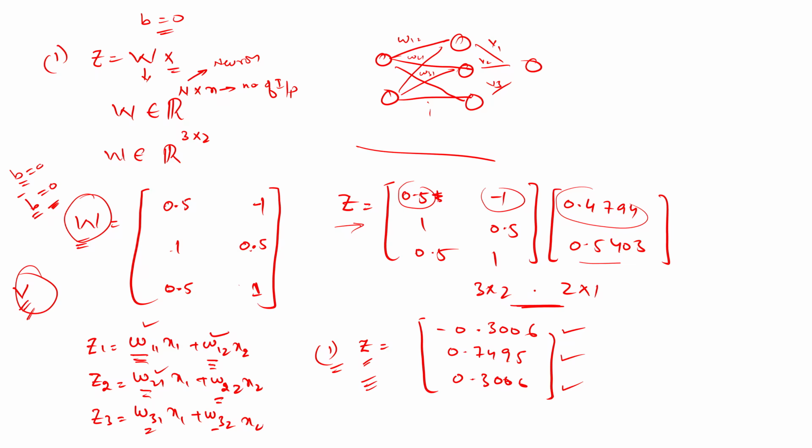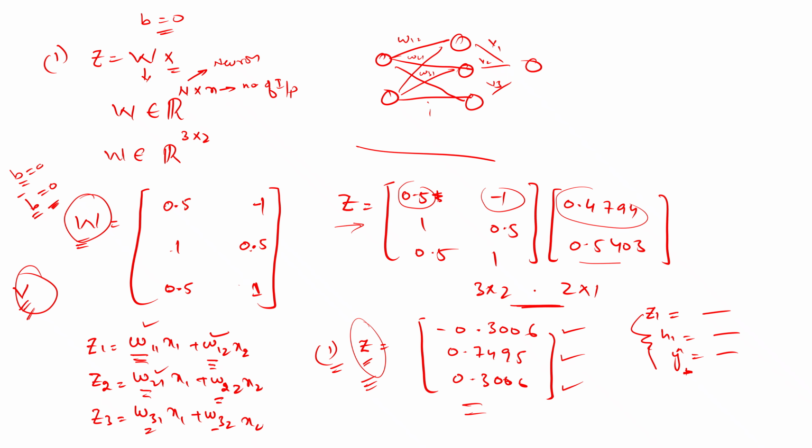For the scalar case, we were doing this separately. First we used to calculate z1, then h1, then y hat. So it took a lot more time than this. Here, in just one step, z is equal to wx, we derive the value of all three linear combinations.